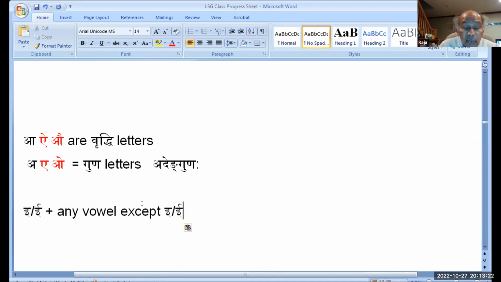You are adding any vowel, and the example we gave you is this one. What is that? Adhi. There are a whole bunch of examples in Gita. We're going to see Adhi plus Apaka. Because we are seeing Adhyapaka.